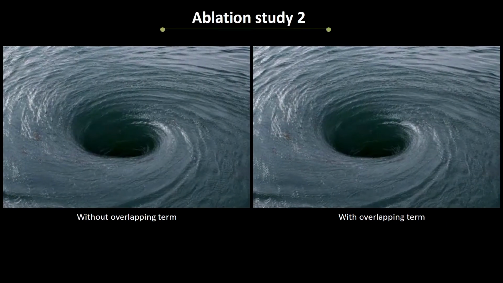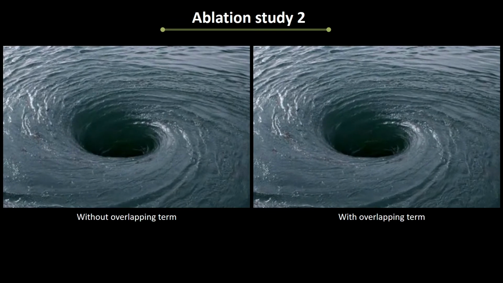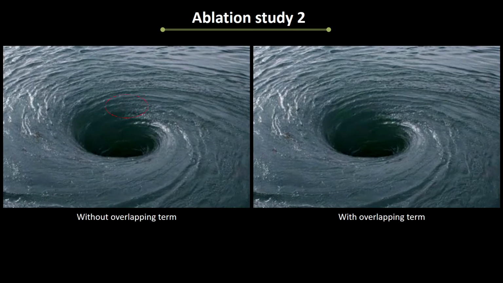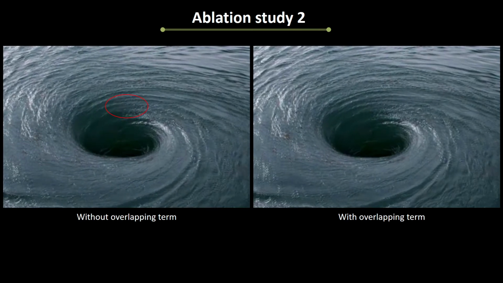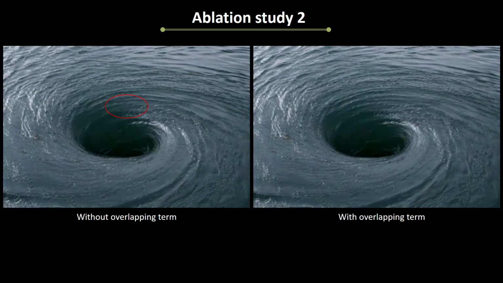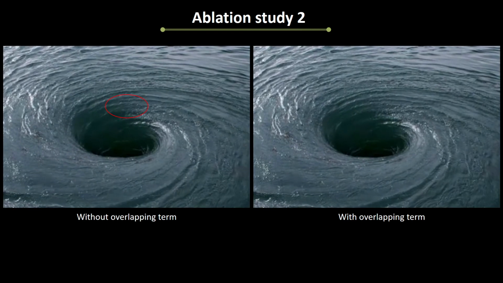This is the ablation of using the overlapping term when converting the user-specified path to the control path. We can see, if we do not use the overlapping term, the result fails in obtaining the smoothness of the animation in cases where the curvature is considerable, as in this example.